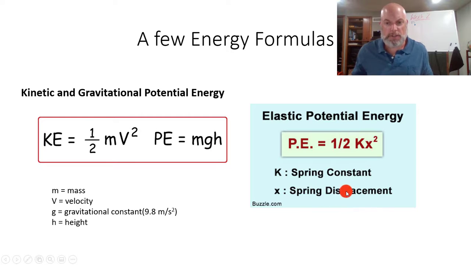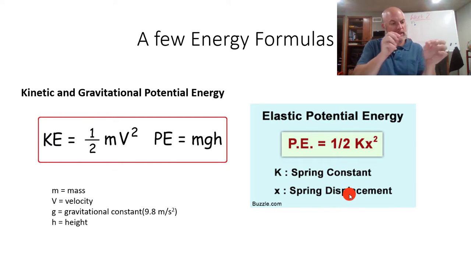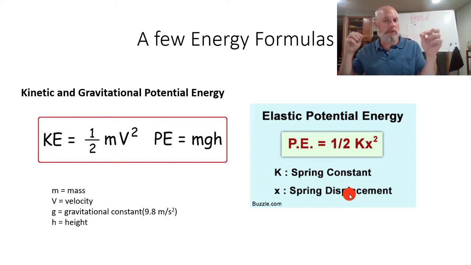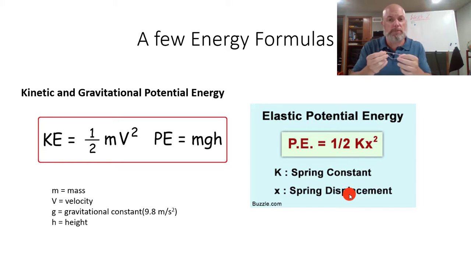And then x is the spring displacement. So if we're talking in terms of the rubber band, the displacement is how far it's stretched, right? You have to put energy in there. It's easy, but it's not going to stretch on its own. However far I pull it back, that's the spring displacement. And it should make sense, right? If I was snapping you with this, your arm, the farther I pull it back, the more it hurts.